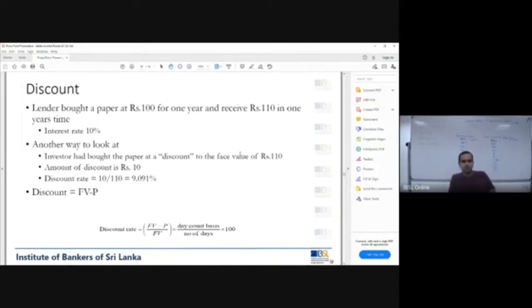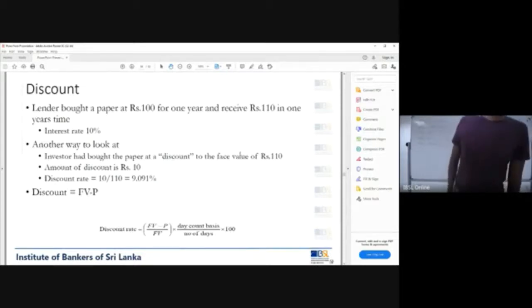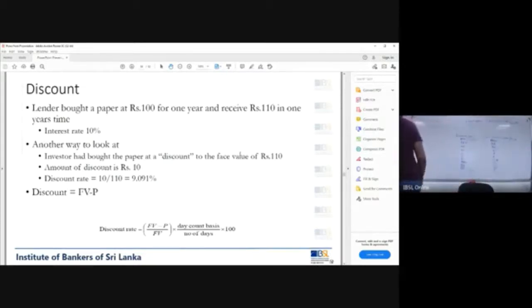Okay, so let's try this example, which is on discounts.